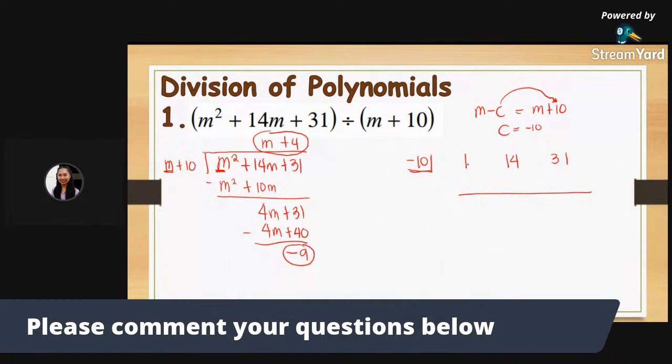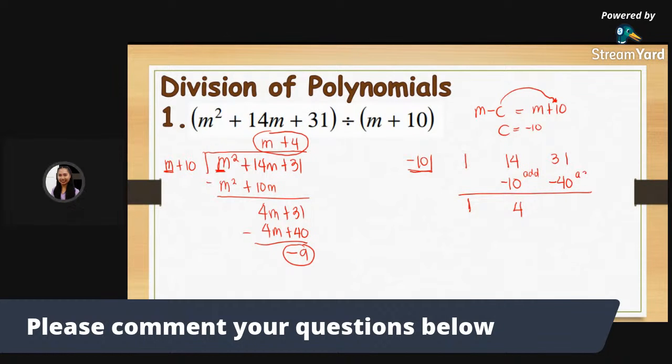Then use synthetic division. First step is to bring down your 1 and multiply it to negative 10. 1 times negative 10, the answer is negative 10. Then all you have to do is add. So add 14 and negative 10, then we get positive 4. Then 4, again, multiply it by negative 10. 4 times negative 10 is negative 40.